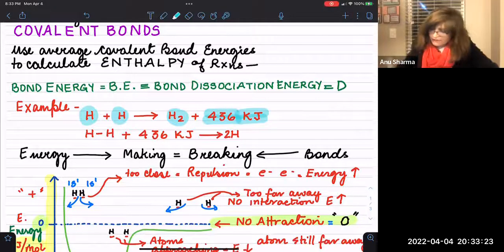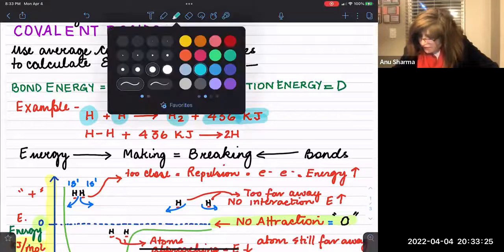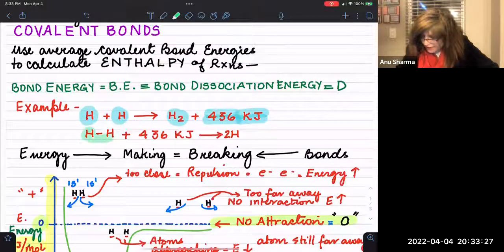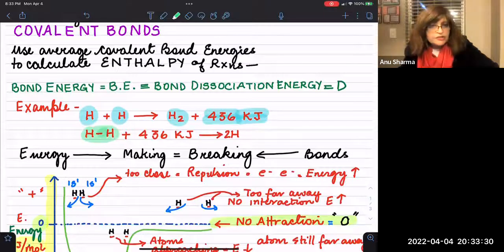Now, if you have hydrogen and hydrogen already bonded together in a single bond, then you need to give 436 kilojoules of energy to break that single bond so that 2 atoms of hydrogen could be released.